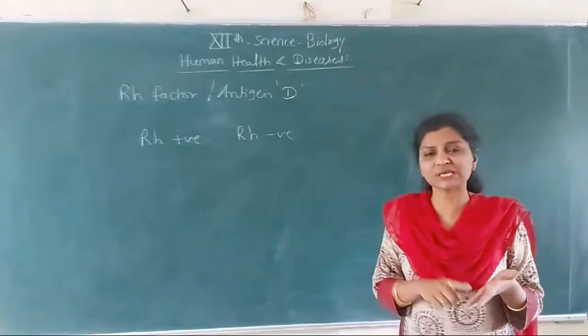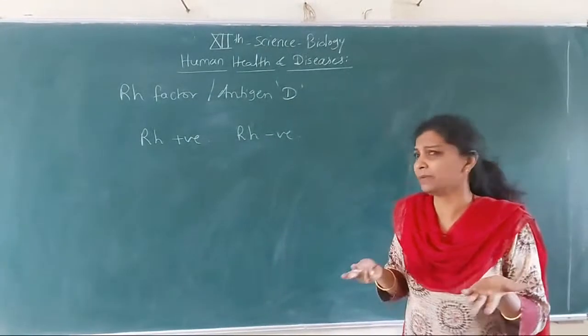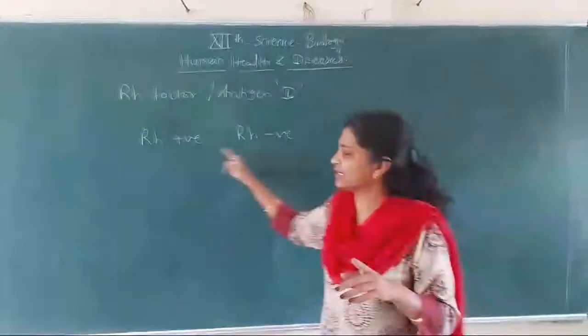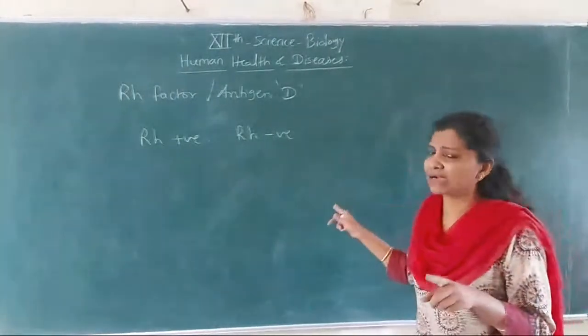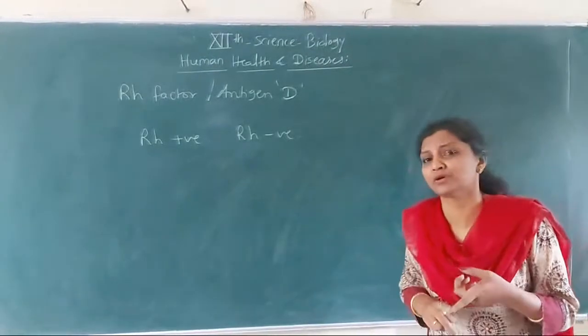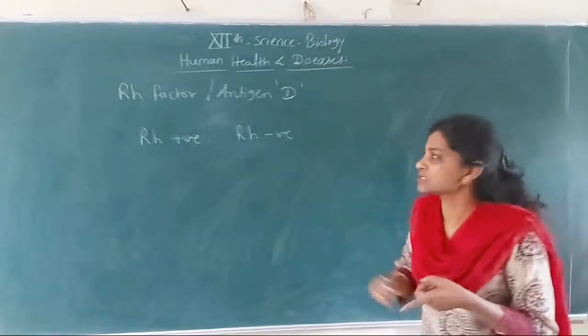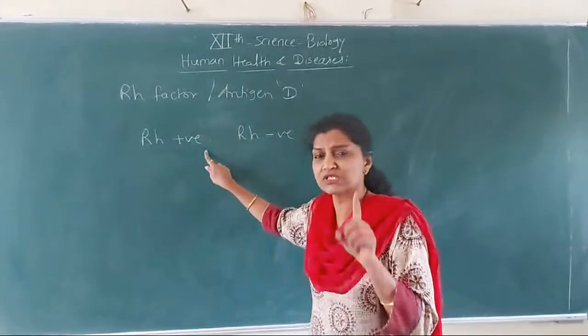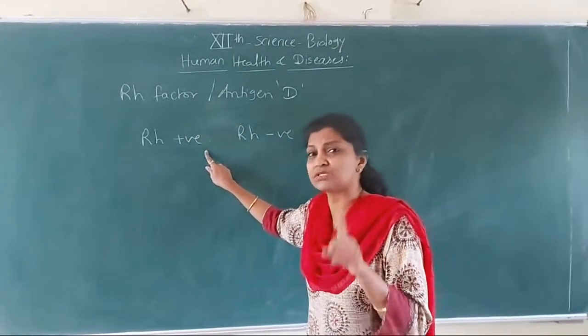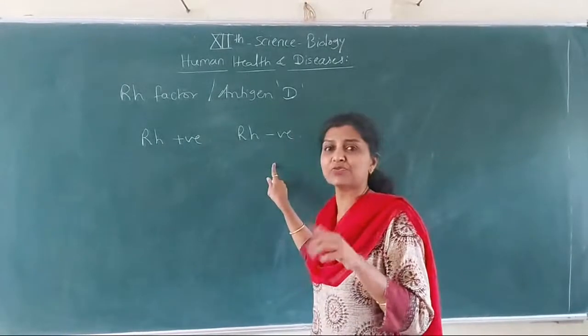So not only the ABO blood groups, positive and negative are also considered here. This factor is also very important because RH negative persons show a strong immune response to RH positive.